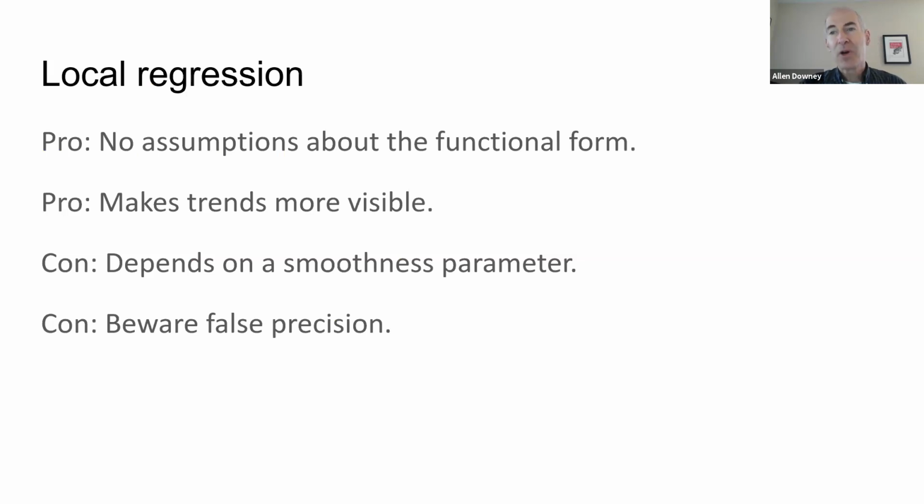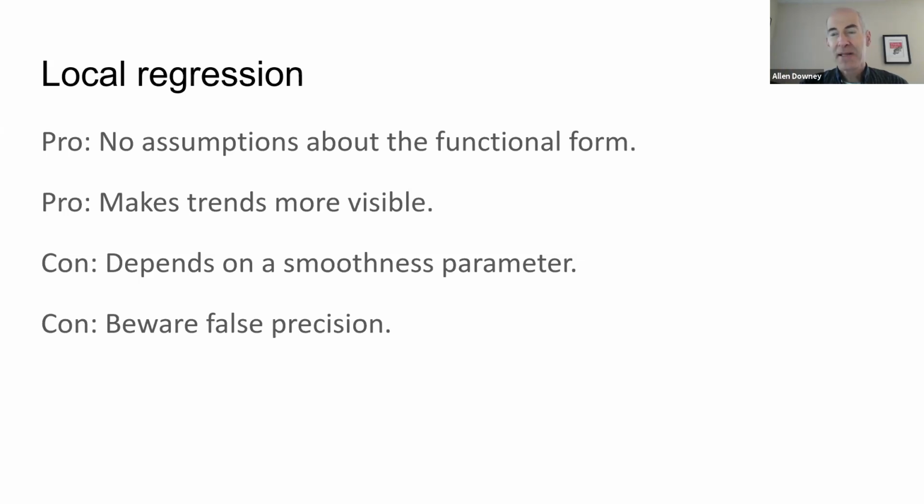One of the nice things about local regression is that I'm not making any assumptions about a particular functional form. So I'm not fitting a line to the data or an exponential curve or a parabola or anything like that. It's really just computing the average of a little window of data at a time.